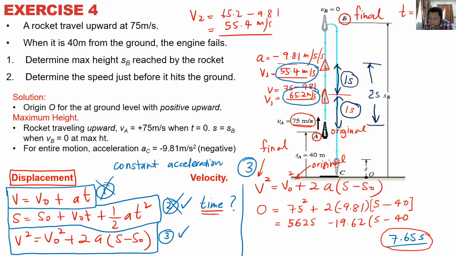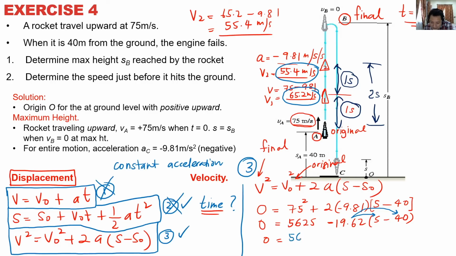Time maximum 7.65 second. I'm gonna rub this off. Ini kosong, kosong. Ini negative. So you have to multiply properly. Slowly do your mathematics. Kali dalam ni, and then multiply again with this one.